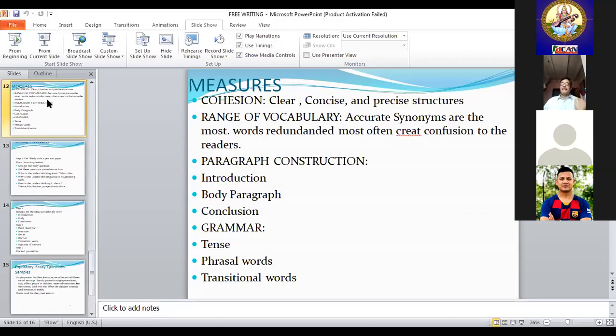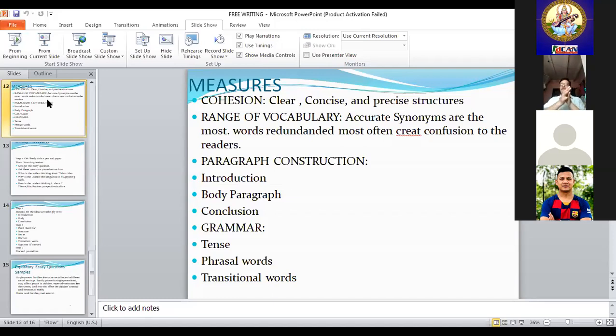Use very simple words that are clear, to the point, concise, small, but perfect and precise in structure. What I mean is, a sentence should be short and sweet, short and clear, short so that people can understand it perfectly.